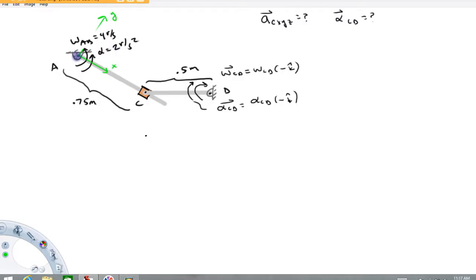Now, I'm not going to draw it here because I don't want my picture to get too cluttered, but also imagine a capital X, capital Y coordinate system which is fixed in space and not rotating. Now, the angle between this bar and the vertical, looks like I forgot to put that in my picture, at the instant shown, we're going to say is 60 degrees. I just want to make sure that's consistent with what I had in mind here.